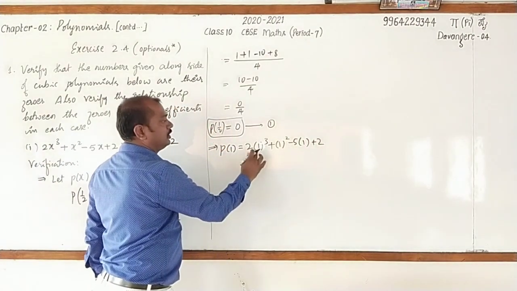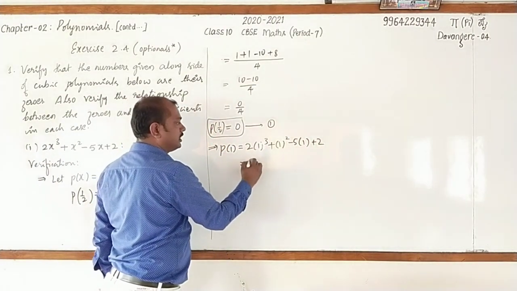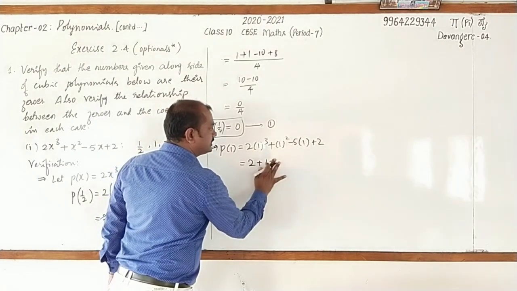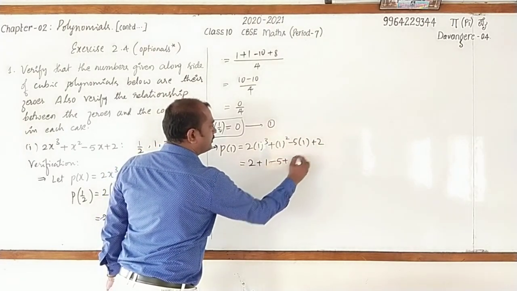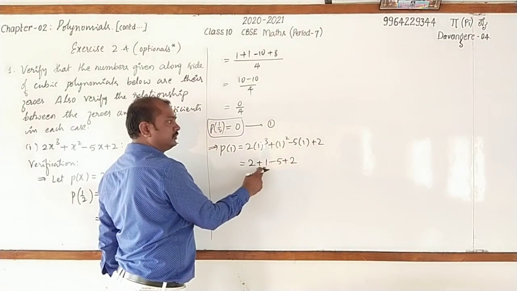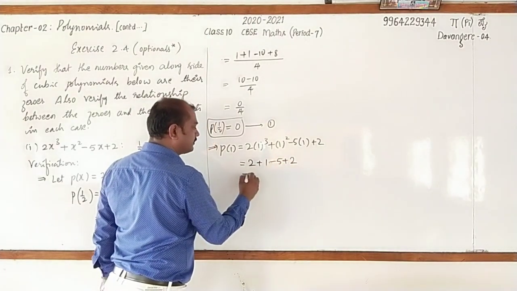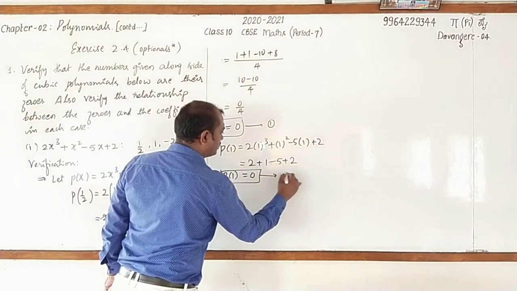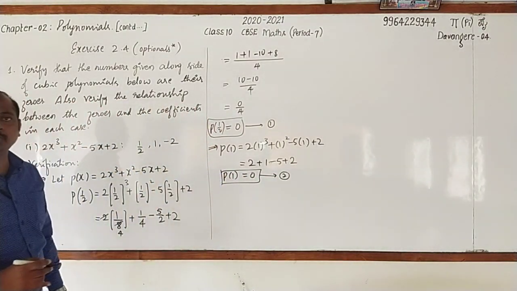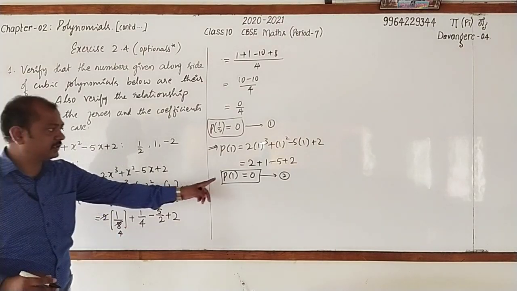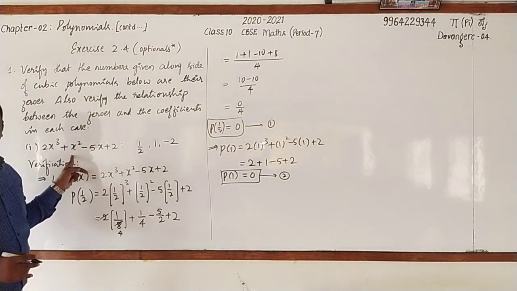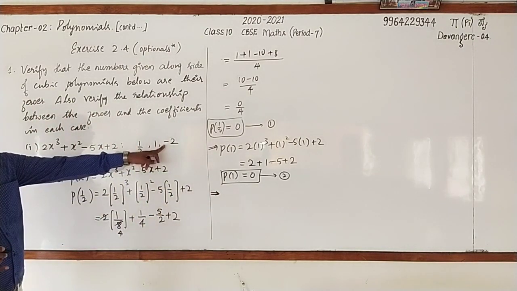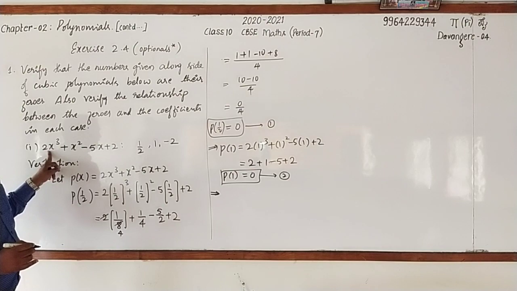It is equal to 1 cube is 1, 1 2s are 2, 1 square 1, minus 5 into 1, it is minus 5, plus 2 as it is. 2 plus 1 is 3, 3 plus 2 is 5, 5 minus 5 is 0. P of 1 is also equal to 0. I call it statement 2. Then can we say that 1 is a 0 of this polynomial? Yes.